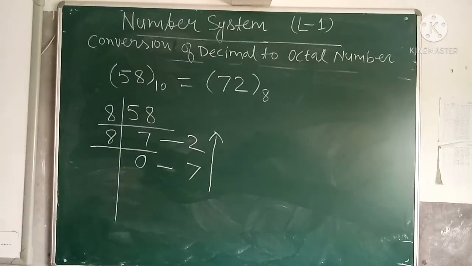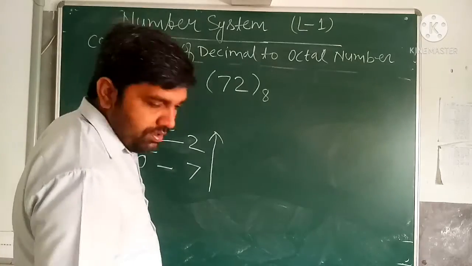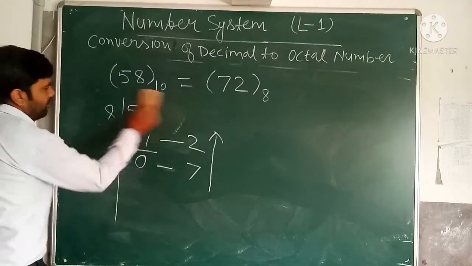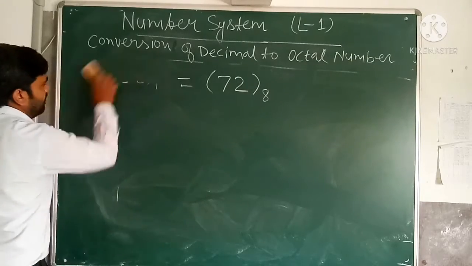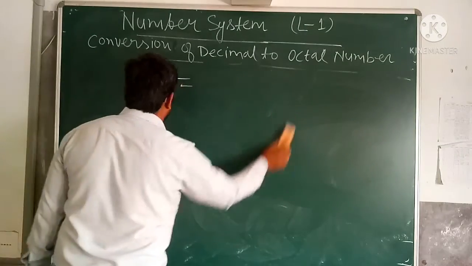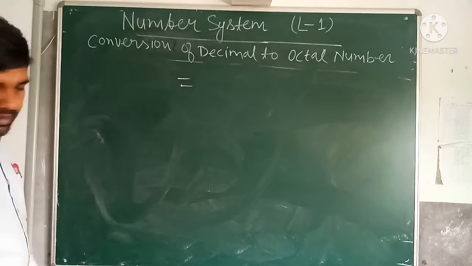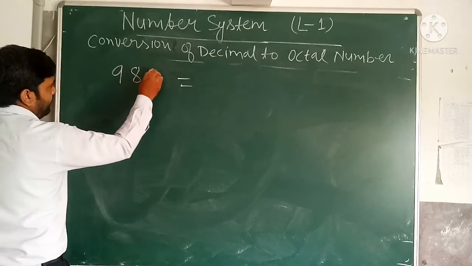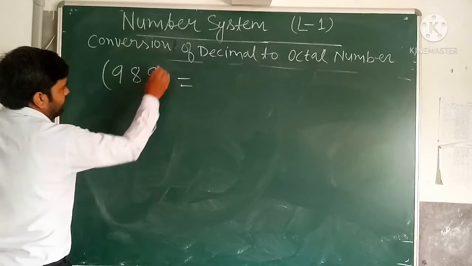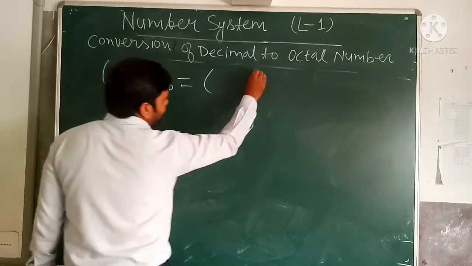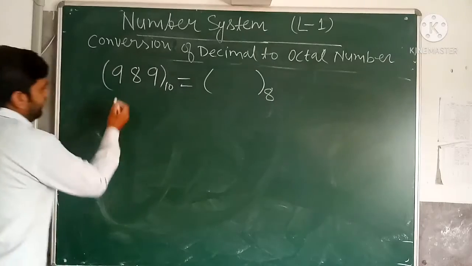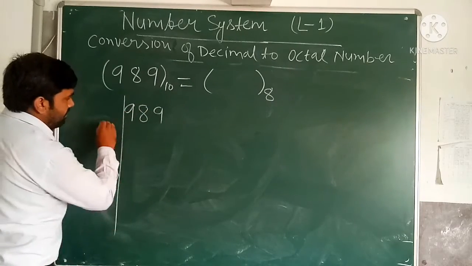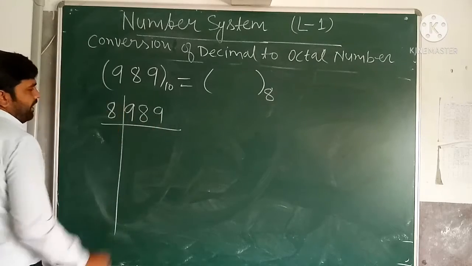Okay. We can take any other example also. Suppose you want to convert 989, which is decimal, into octal. So divide this 989 by the base of the octal number system, 8.